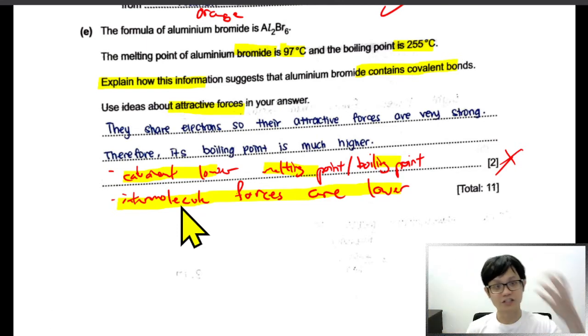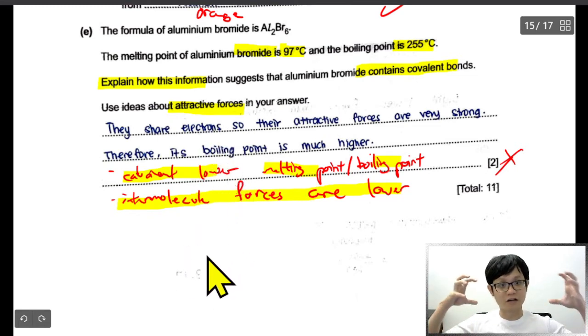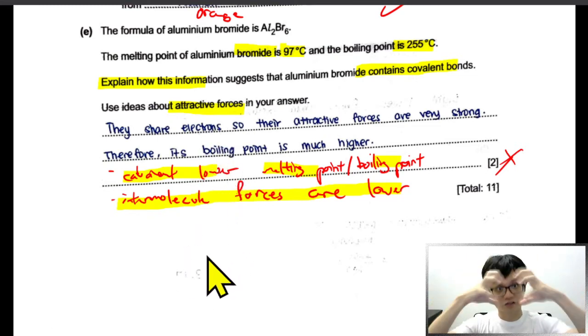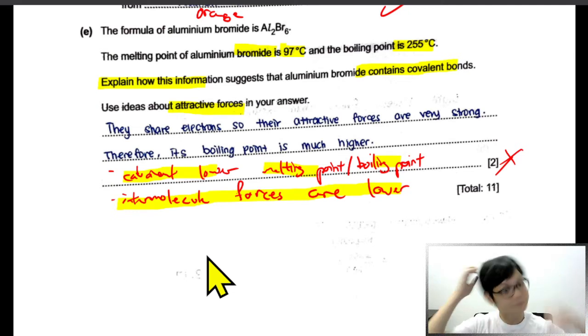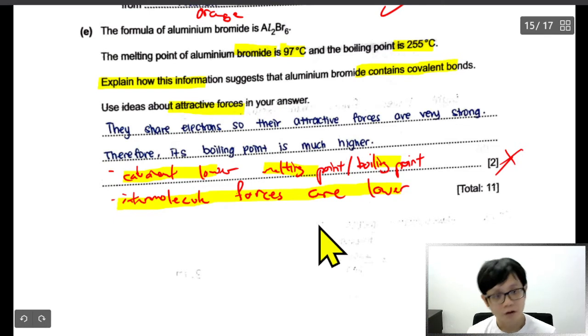Of course, they can change the question to ionic bond. So you can say ionic bond has higher melting point and boiling point because the attractive force between them, or the intermolecular forces, are stronger, so it's harder to break. So you can say like that, depending on the question.